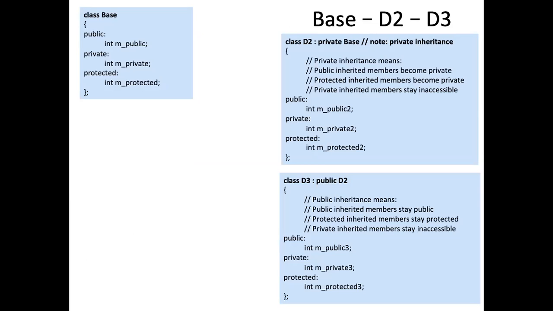Right. So here is another example. जिसमें we have got a base class, we have got class D2 and we have got class D3. G, in your derived class you are not able to access them. ठीक है.